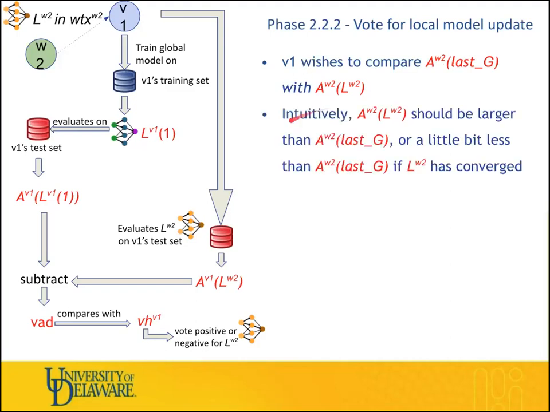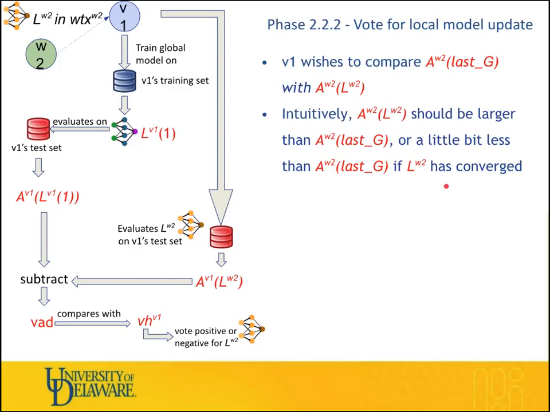The reason for this comparison is that intuitively, if LW2 was legitimately learned from the last global model, LW2 should bring some accuracy boost. Or if LW2 has converged, it may suffer from a little bit of accuracy drop.